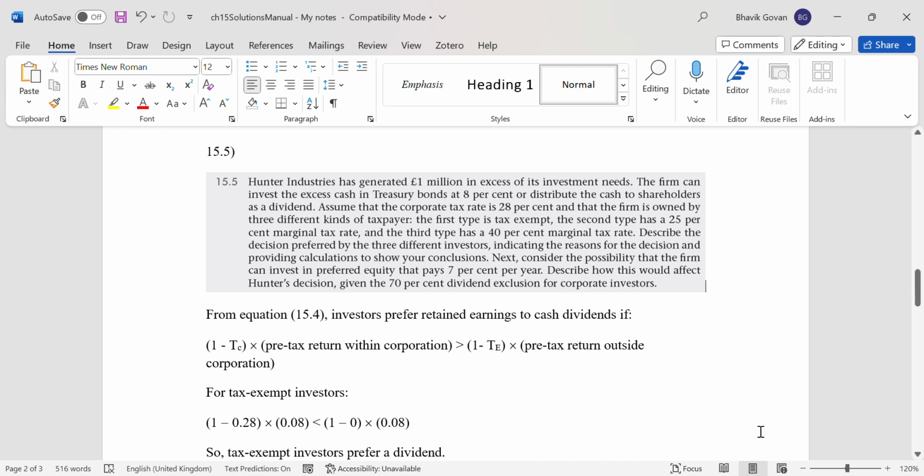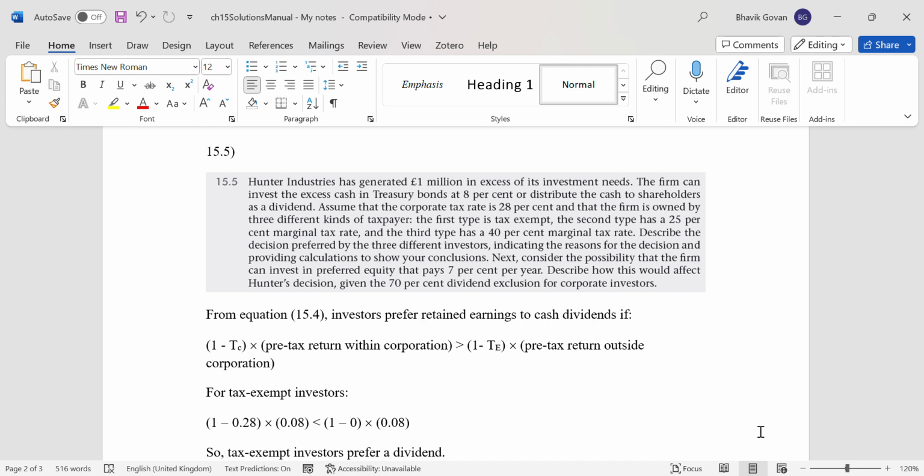From equation 15.4, investors prefer retained earnings to cash dividends if 1 minus the tax rate times your pre-tax return that you get from inside the corporation is greater than 1 minus the tax on dividends times the pre-tax return outside the corporation.